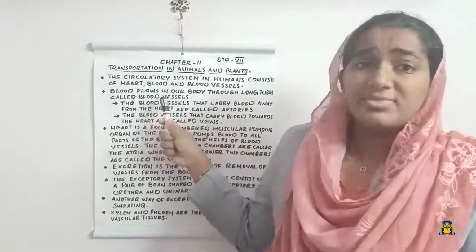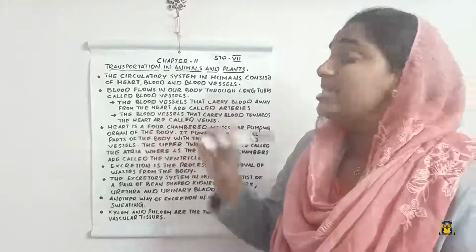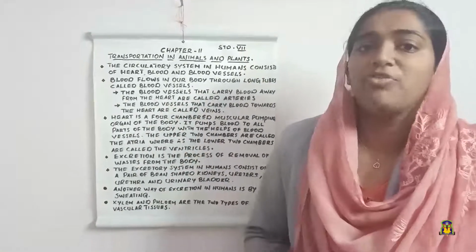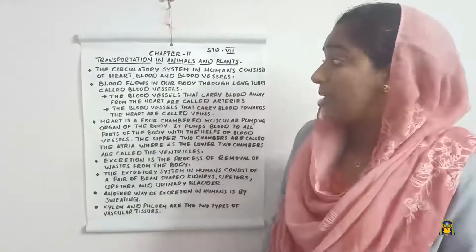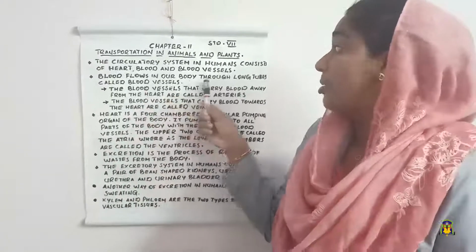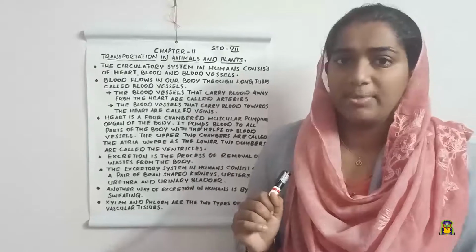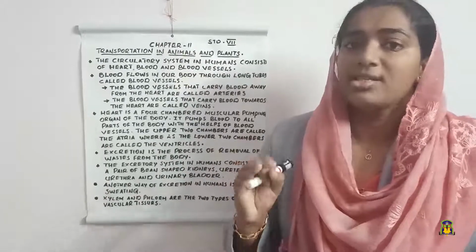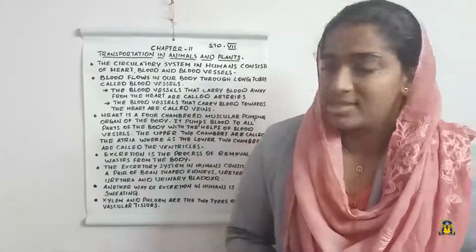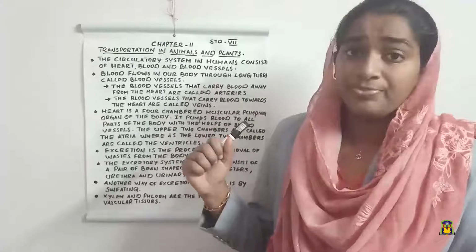Then after that we discussed blood vessels. Blood flows in our body through long tubes called blood vessels. Mainly three types: veins, arteries and capillaries. What are veins?